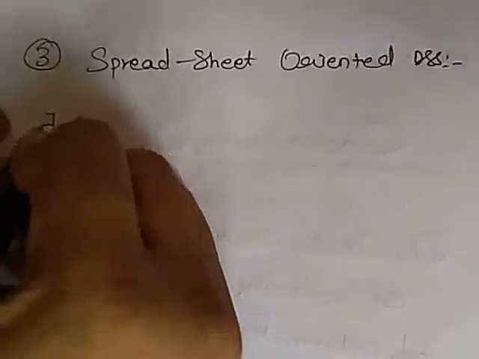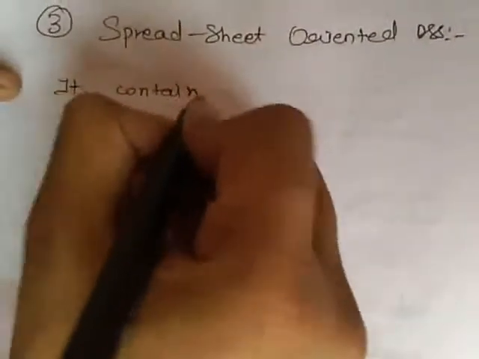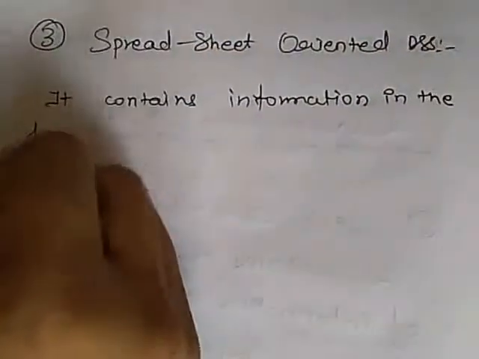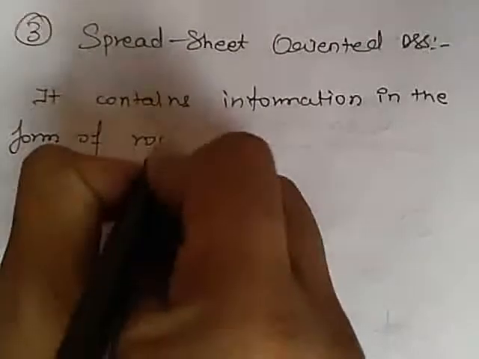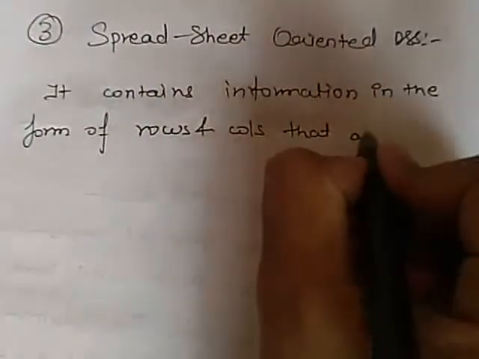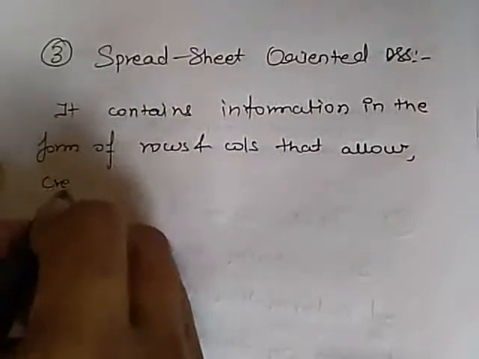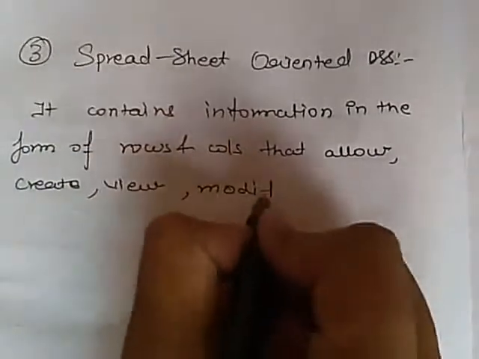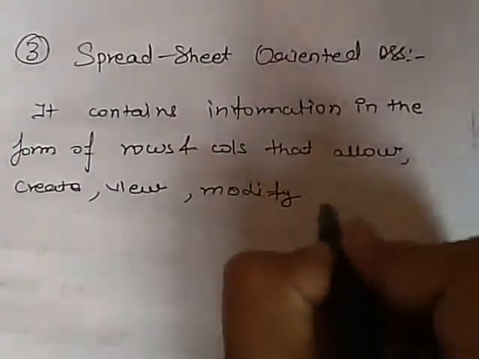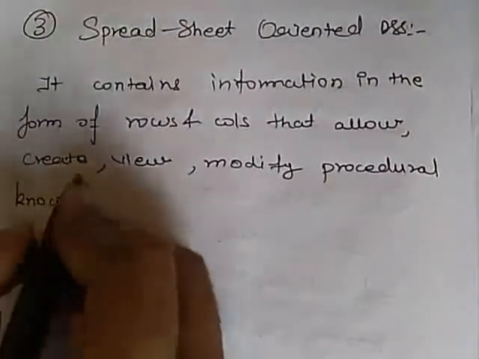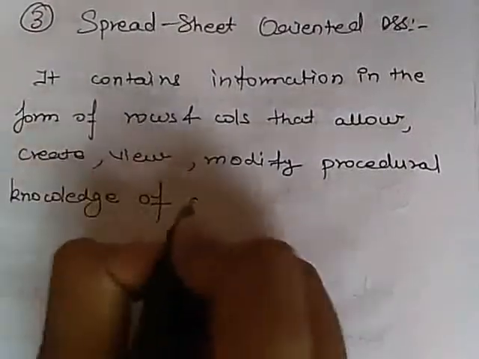Now, in this, it contains information in the form of rows and columns that allow us to create, view, and modify procedural knowledge of a system.